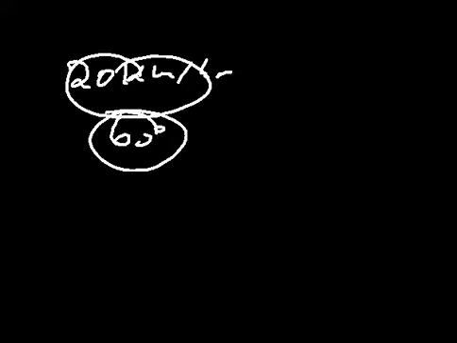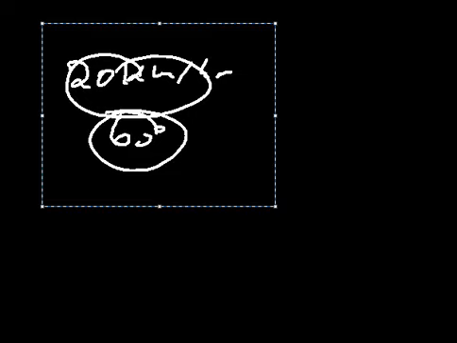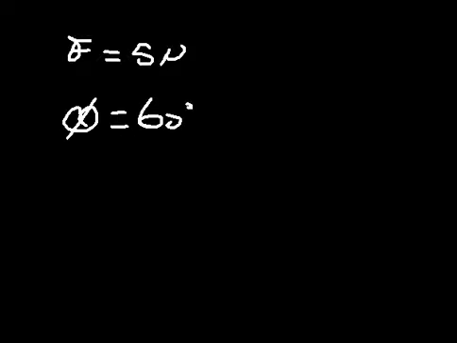And we can have a force acting at an angle, say a force of magnitude 5 newtons at an angle theta of 60 degrees. This is the magnitude and this is the direction. That's part of the vector physical quantities.